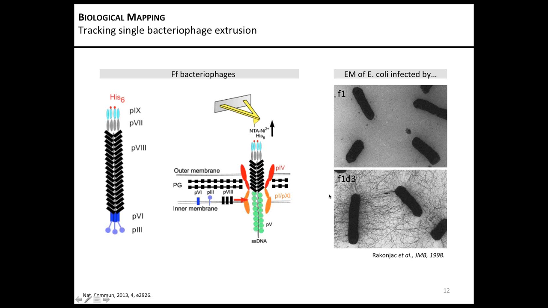If you use a mutant of the virus without the protein 3 here, the viruses are not able to escape from the cell wall because at the end of the assembly, this protein is missing, and finally the virus is not able to go out. And so finally we have a bacteria with a lot of hair, which are the viruses, which are very long because they add more and more DNA, and finally you can have bacteriophage up to several micrometers.